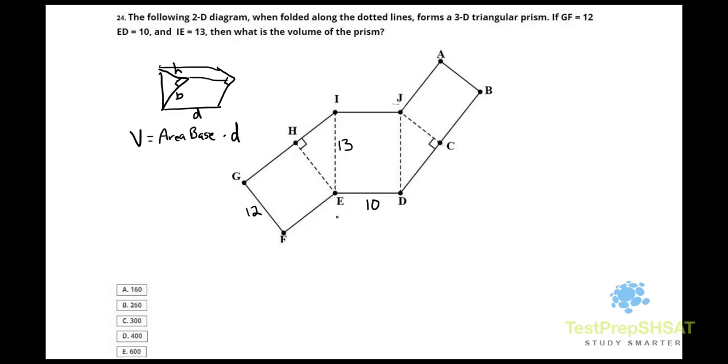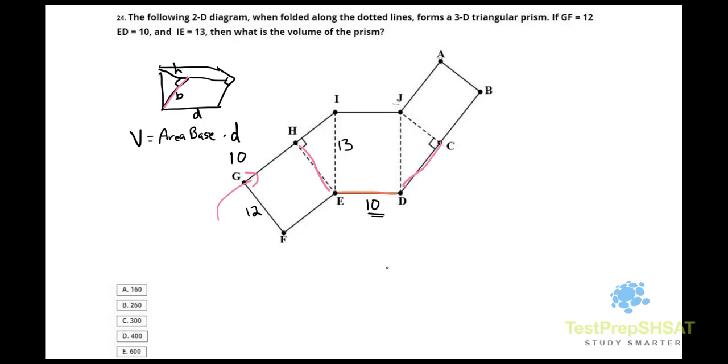So what do I know already? I can see the depth is 10 right there. It's ED. So I can already put in a value for my depth. It's 10. This side here, what we'll call the base, is basically CD, and as HE folds over, it's going to be HE.